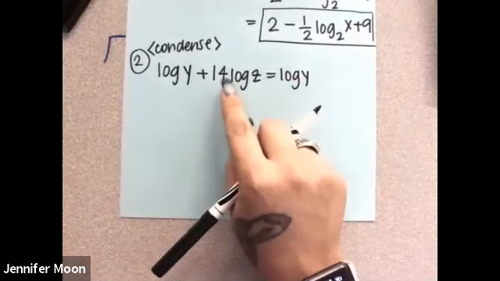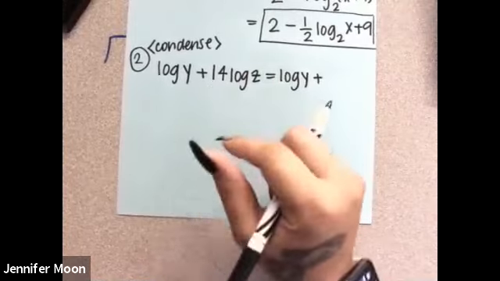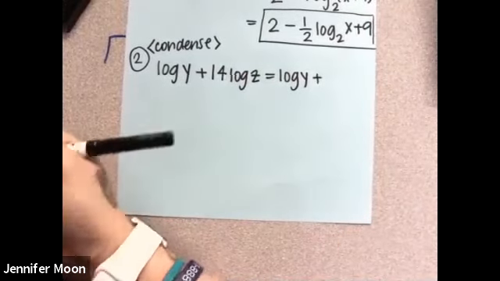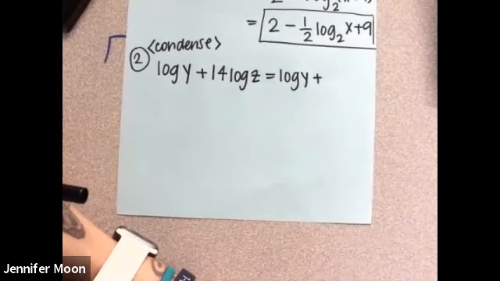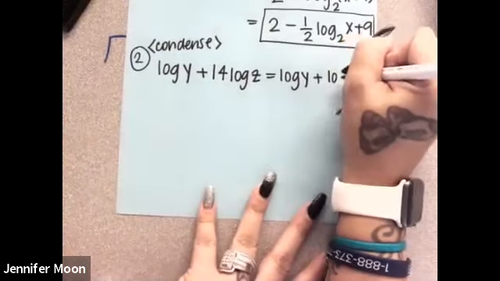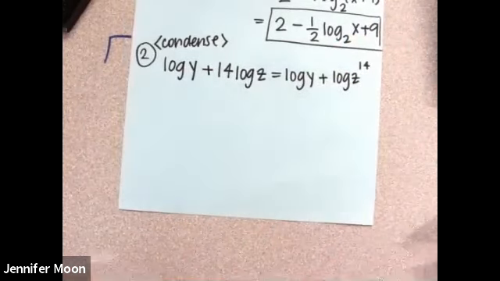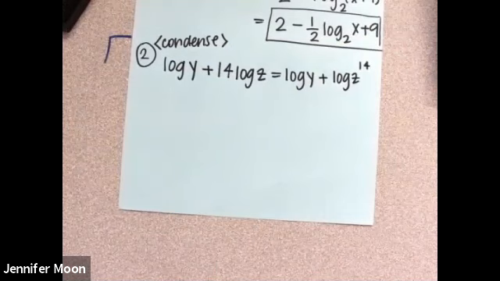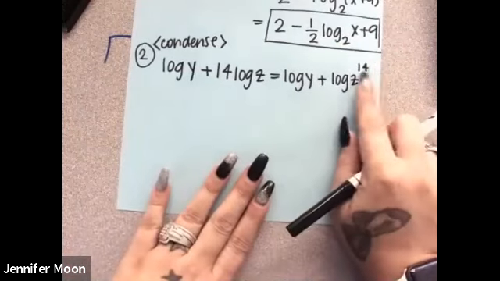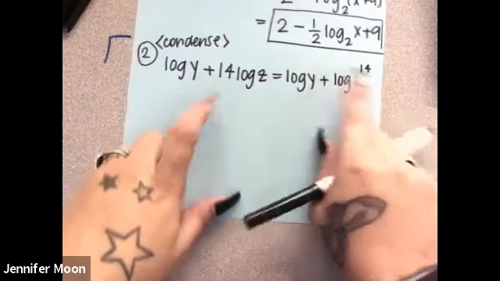This one, got my plus. If this is a coefficient in front of a log, it came from being an exponent, right? It came from being a power. So you write log z to the 14th power. So it's kind of like we're going backwards, right? This is what I would have had to start with to bring it out front as a coefficient. So I'm going backwards in a way.